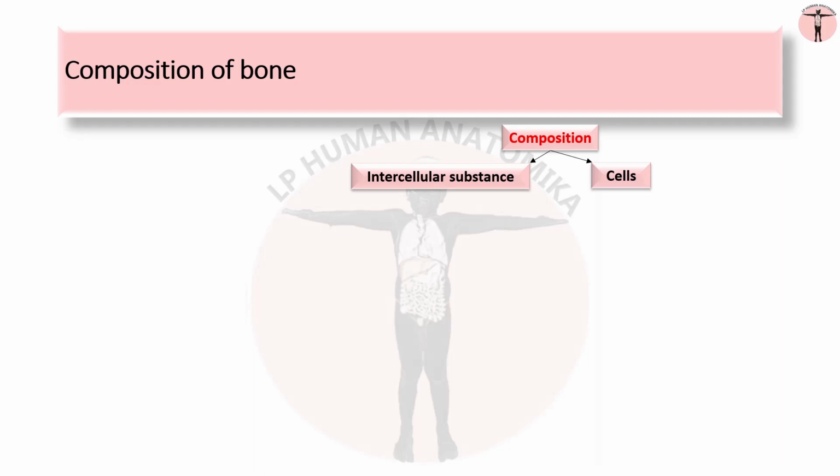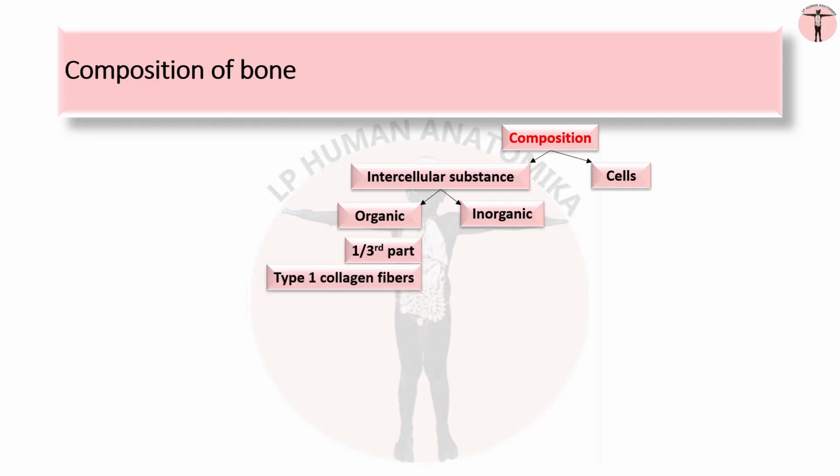The intercellular substance of bone is composed of organic and inorganic components. Organic matrix or osteoid tissue makes up 1/3 part of intercellular substance and consists of type 1 collagen fibers and ground substance. The type 1 collagen fibers are arranged in bundles and account for most of the organic contents.